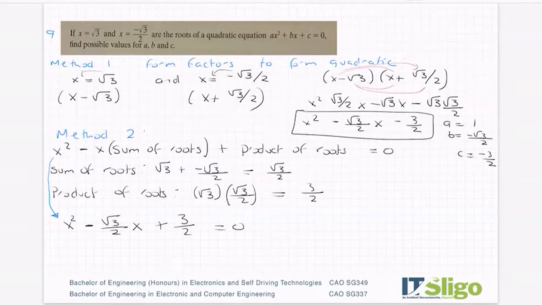Okay, so just like before, a is 1, b is equal to minus root 3 over 2, and c is equal to 3 over 2. I have a sign wrong because I never put in my minus there, so it should be a minus. Okay, apologies.